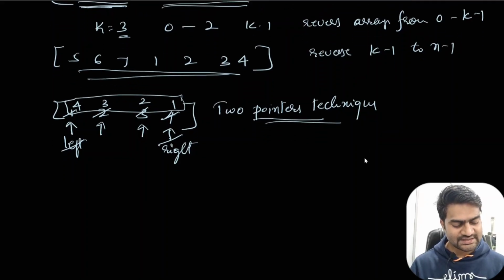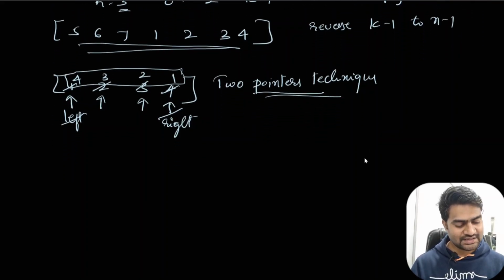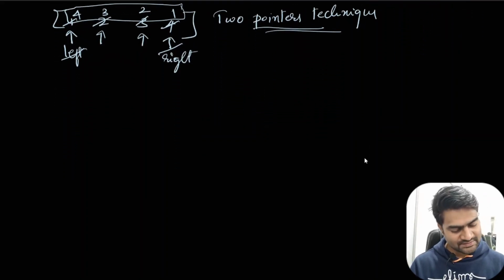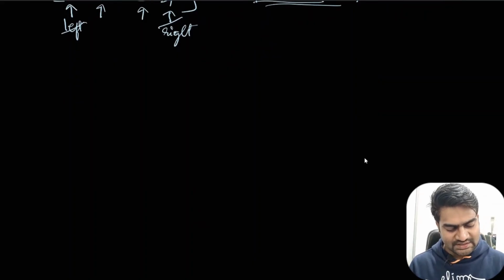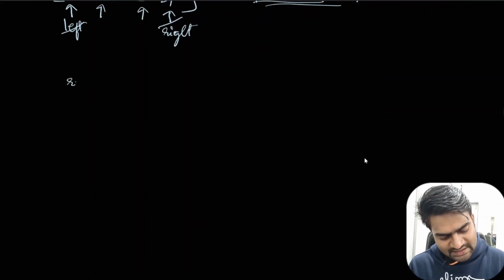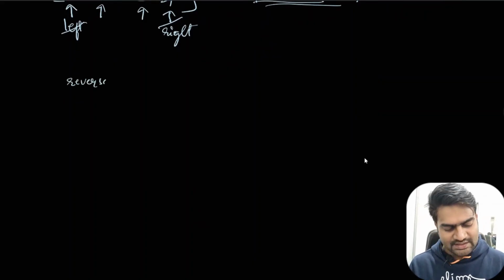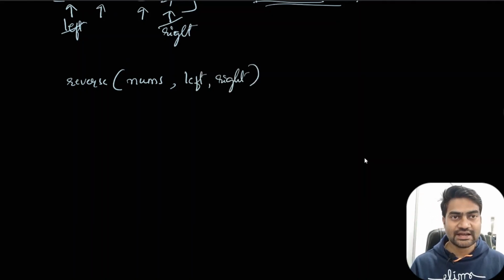Okay, so with this, let us try to write the pseudocode. First I will write the logic for reverse. I will send my array, or you can take nums only, then a left pointer and right pointer, or start and end, it's your choice.